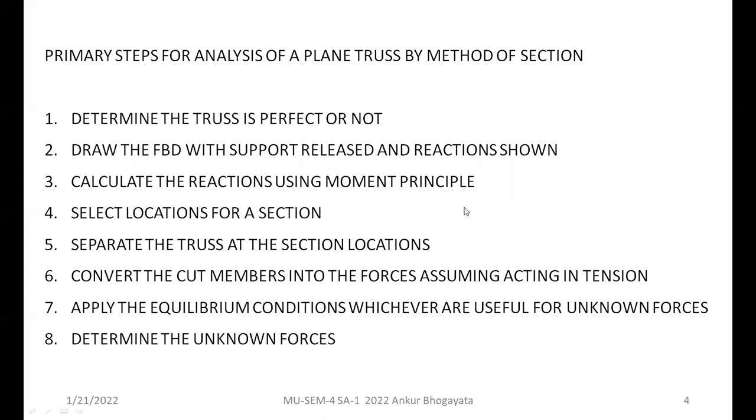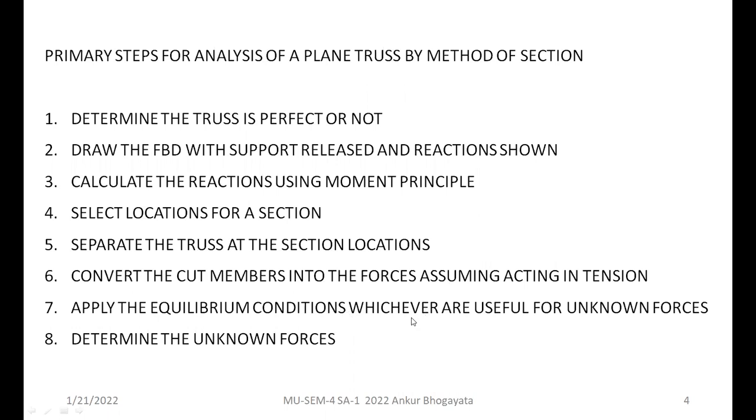Let us say when you cut the truss at any section, it will get divided in 2 parts. So there will be, of course, a left hand side and a right hand side. You can select either of them and apply all the equilibrium conditions one by one, and try to see whether you are able to solve the unknown forces or not. Right. So that is all about the methodology.